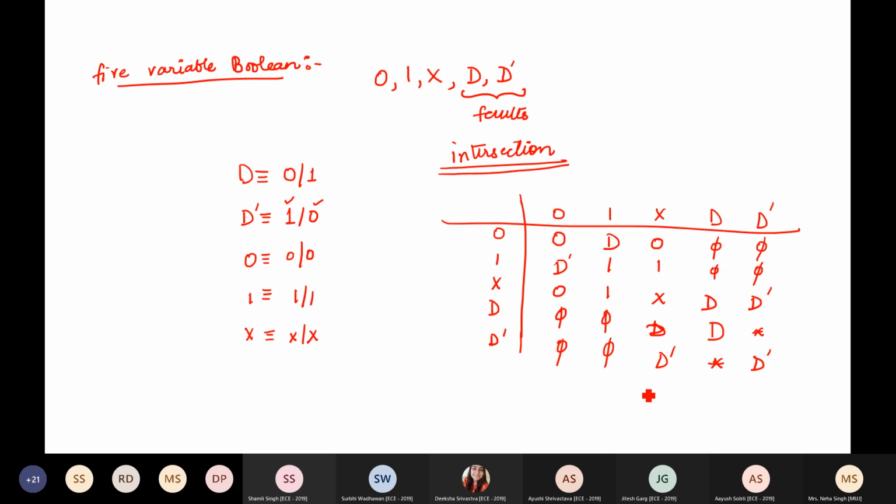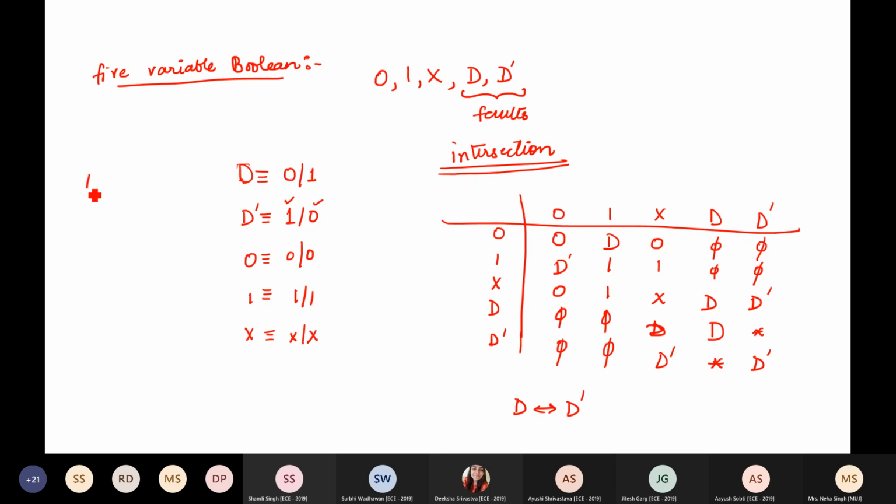This star indicates that I can change D to D dash, provided if I make a change, I should make this change consistent in my calculation. Right? It is not always necessary कि D का definition is 0/1.